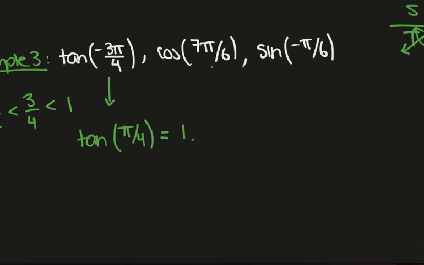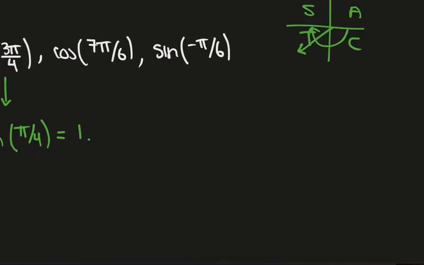Okay, so cos of 7 pi on 6. We saw 7 pi on 6 before. That lies in this third quadrant as well. So 7 pi on 6 lands you about here. So cos of 7 pi on 6 is negative because tan is positive in this one.